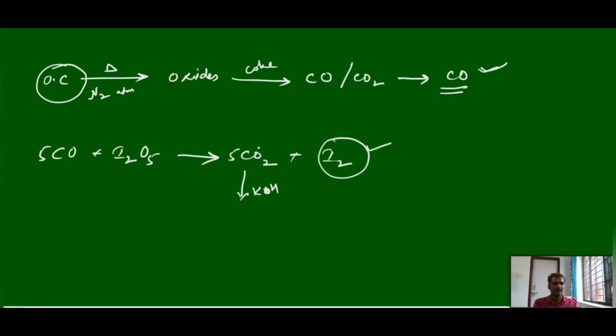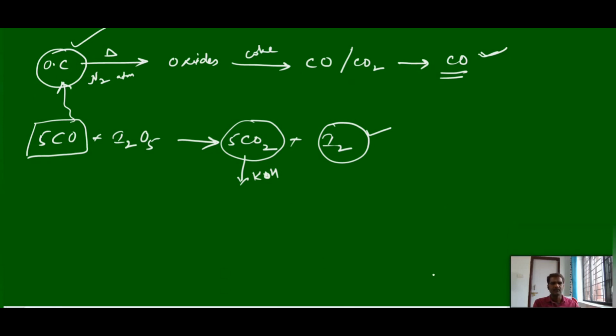Again you apply the stoichiometric calculation. The amount of carbon dioxide produced should be equal to the amount of carbon monoxide we have taken initially. And this carbon monoxide is coming from where? From the organic compound only. So, once you know the weight of carbon monoxide produced, you can calculate the percentage of oxygen present in that carbon monoxide. That oxygen is coming only from the organic compound. So, like this you can calculate the percentage of oxygen by laboratory analysis.